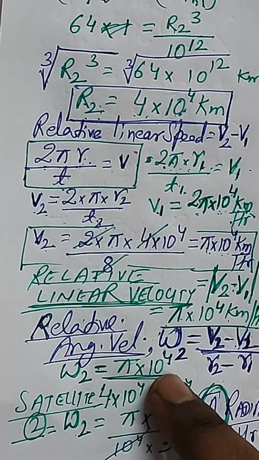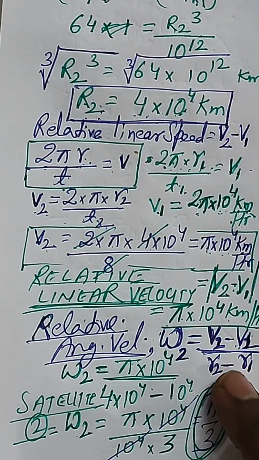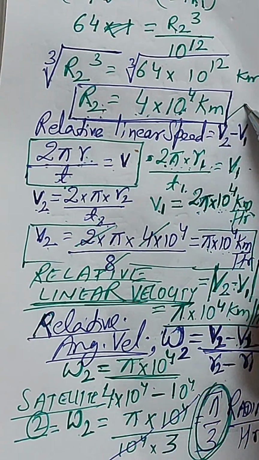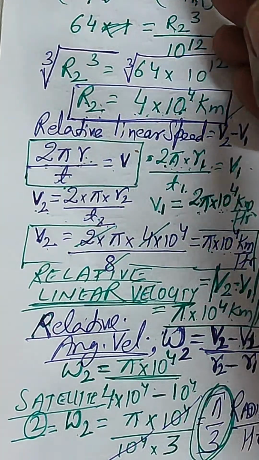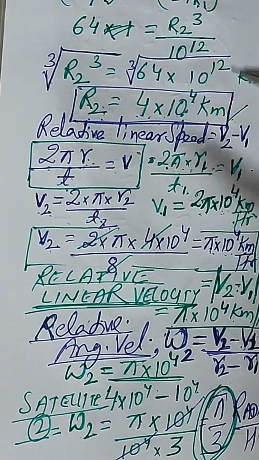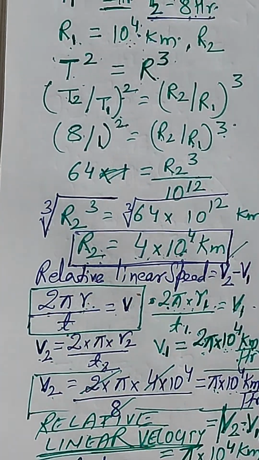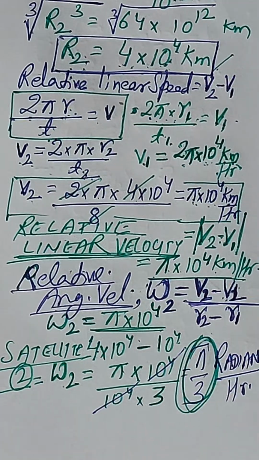Just put in this value, and in the denominator r2 minus r1. We have already calculated r2 here, 4 into 10 to the power 4 kilometer. Note the value of r1. R1 is given to you, that is 10 to the power 4 kilometer. So r2 minus r1, you know the value.